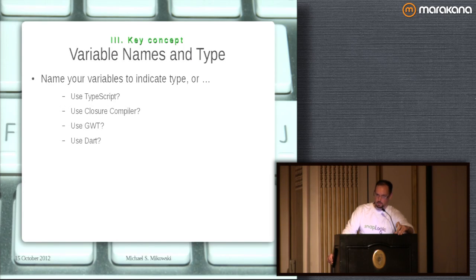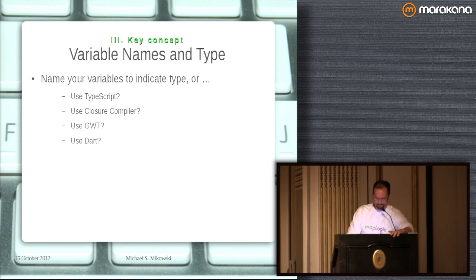And finally, Dart also provides a way of indicating type in JavaScript. So if you don't think type's important in JavaScript, you go ahead and continue to feel that way, although I encourage you to go and add a subscript 1.5 to an array and see what happens.